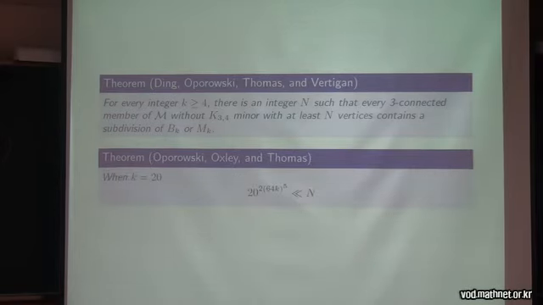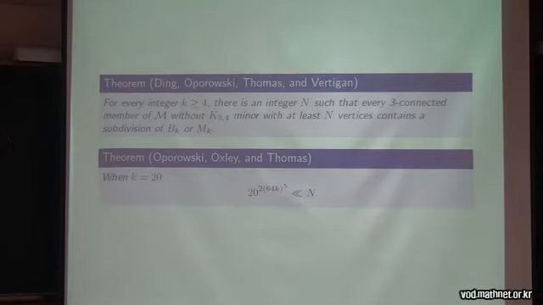Before that, I want to say the number K, and for my convenience, I will set K to 20. This is not optimized. Bogdan Oporowski says that I can set the number as I want. So I set the number 20 for the convenience of calculating.